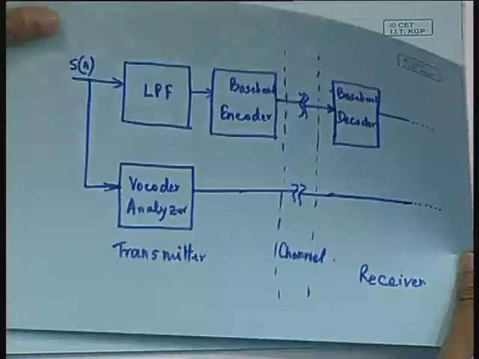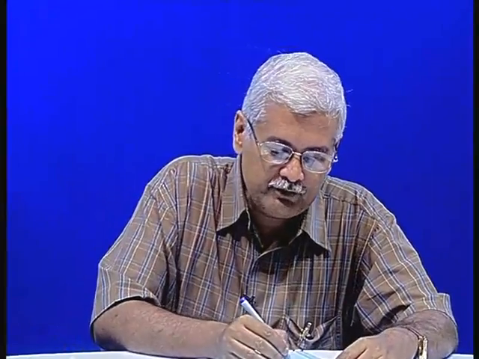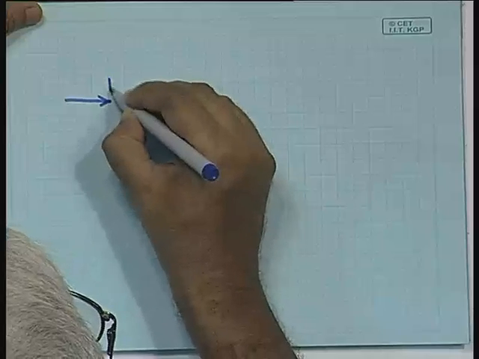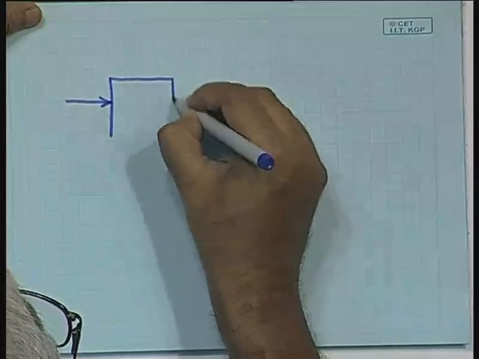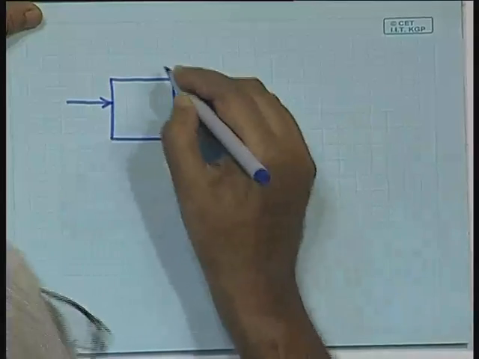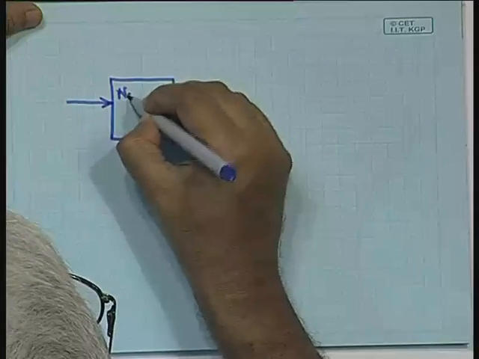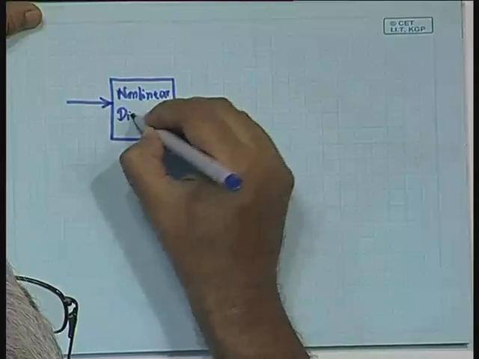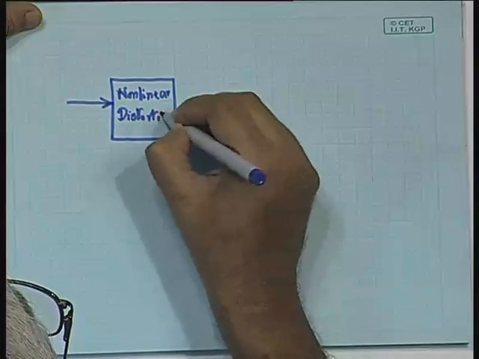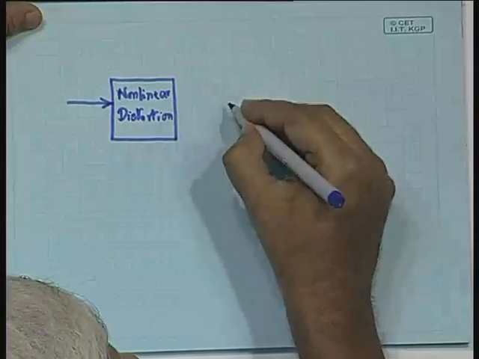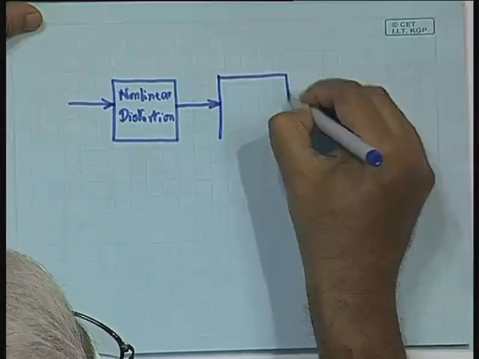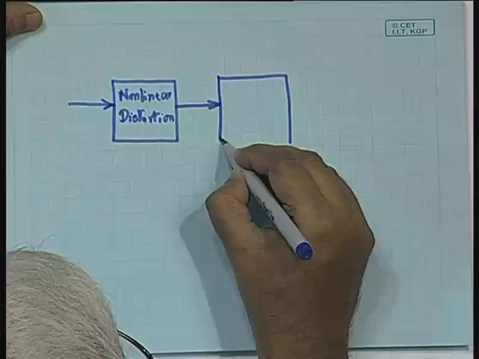At the receiver, beyond this baseband decoder, we have a nonlinear distortion compensation, and then a spectrum flattener.